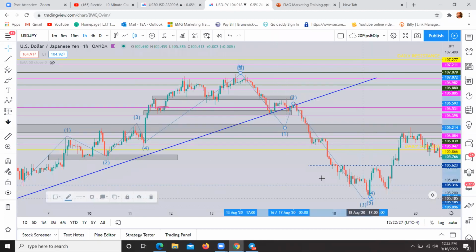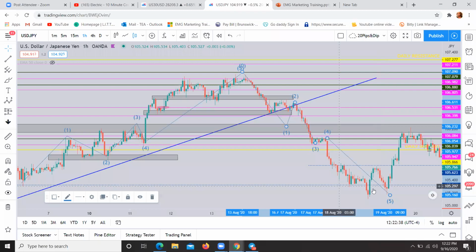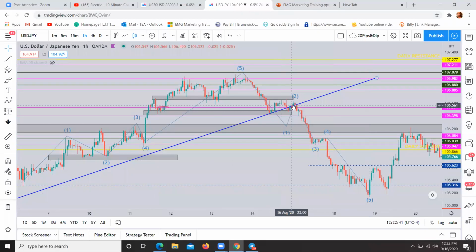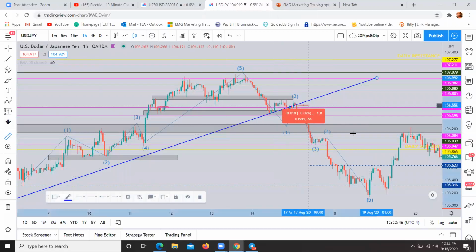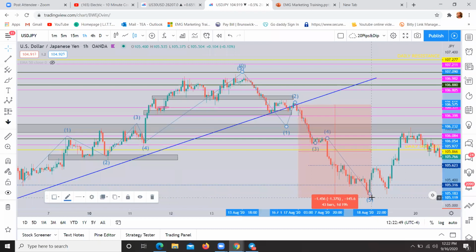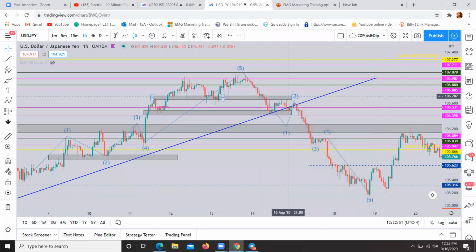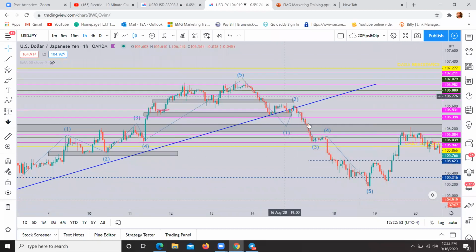Do y'all see how one pair can make you well, if you just learn this concept? From the point where it broke structure to here, this is UJ, I think it was about 146 pips. Being able to be in position to catch that entire move because you understand key levels, right?